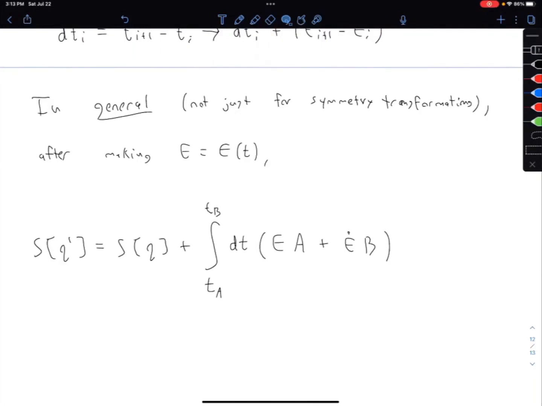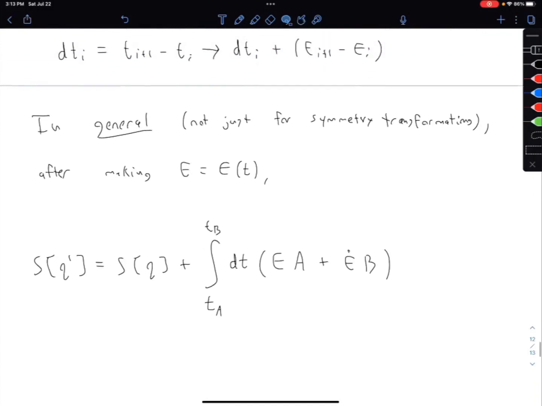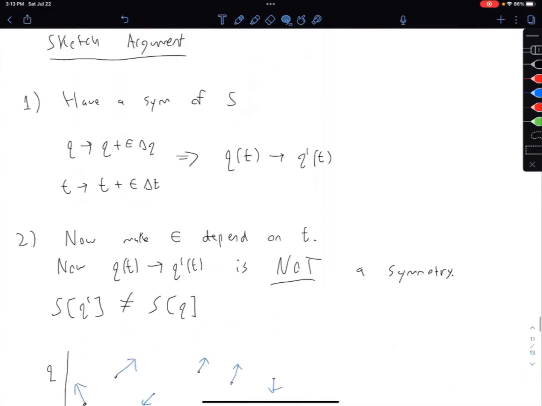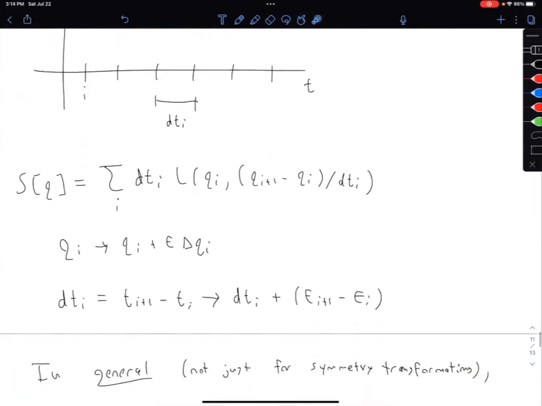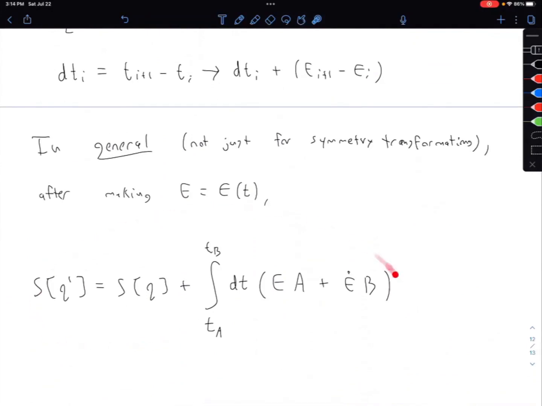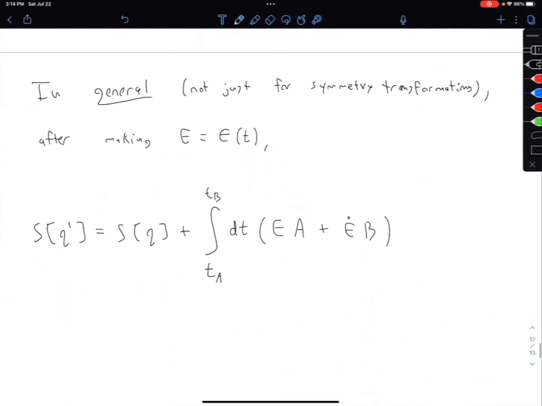Okay, let's try to see why this is a big brain move. So there's step 2. Number 1 is we have a symmetry. Now I'm going to break that symmetry by making epsilon depend on time, and then I expand the action. I get this, and that's going to happen in general. So now step 3.